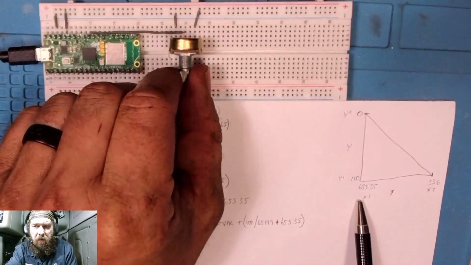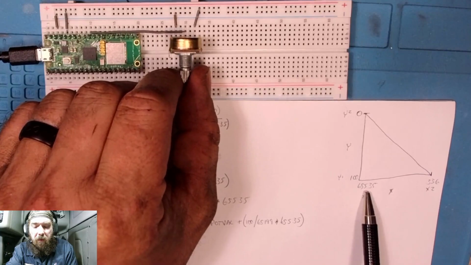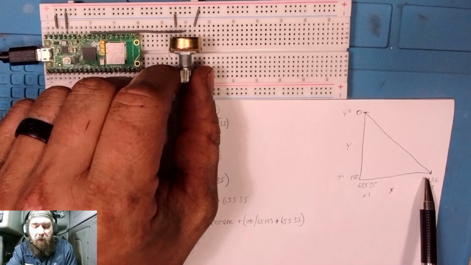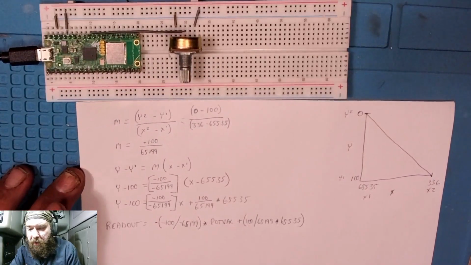Actually, did I do that wrong? Yeah, we want this to be 0 and this to be 100. I think I did that wrong, so sorry about that.